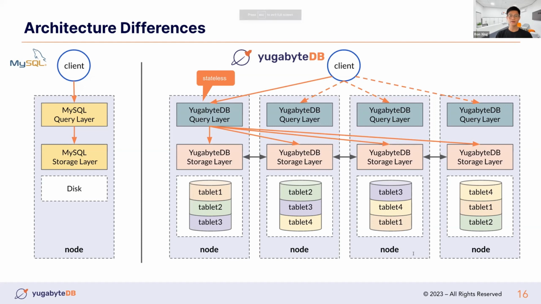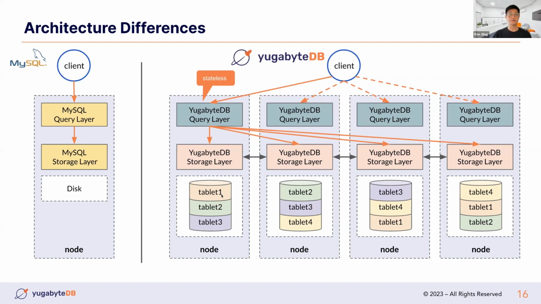We're actually doing partitioning on the original table, into different tablets, and a tablet is just a group of rows in the table itself.